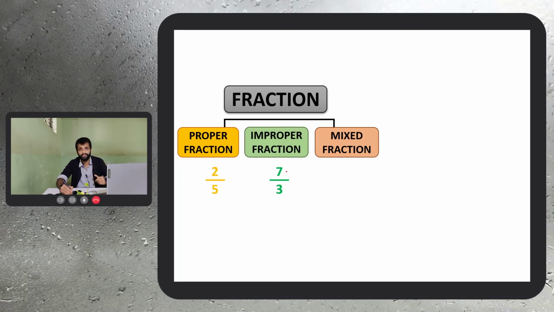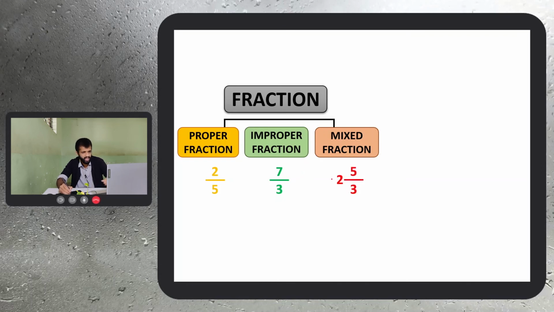Because if you're going to just think of it as I had 3 pieces of pizza but I ate 7, it doesn't make sense, right? It's improper, it's illogical, I can say. So improper fraction.